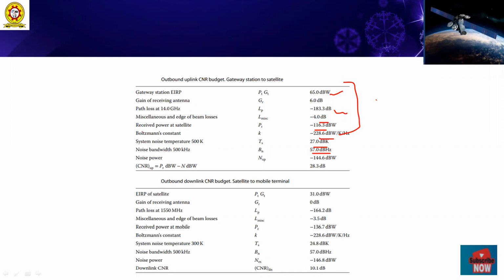From the same data, the outbound downlink CNR budget, satellite to mobile terminal.